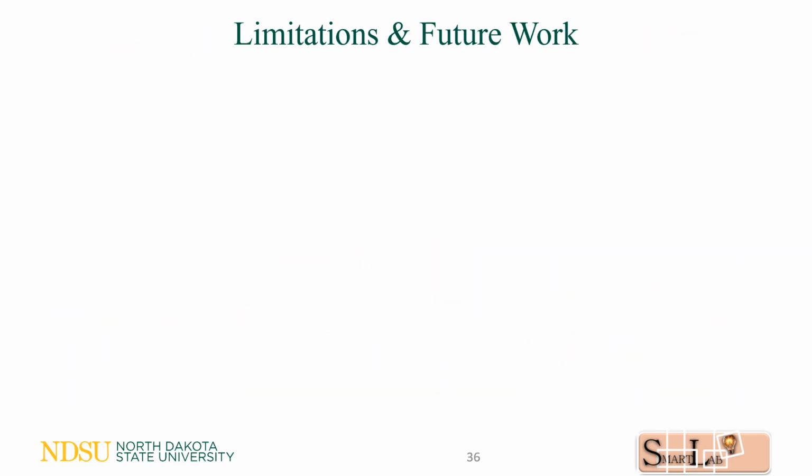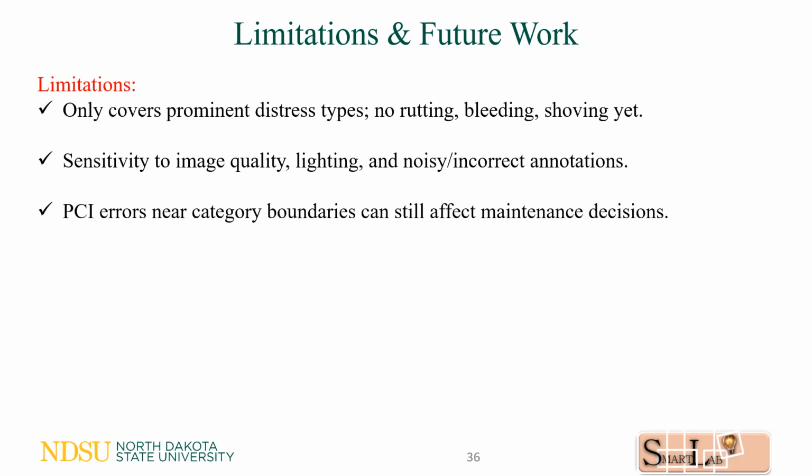Now let's talk about the limitations and future directions for the work. For the limitations, we only cover prominent distress types. We didn't consider distresses such as raveling, bleeding, shoving, and other distresses. Sometimes our approach becomes sensitive to the lighting conditions and also shadows in the pavement images.